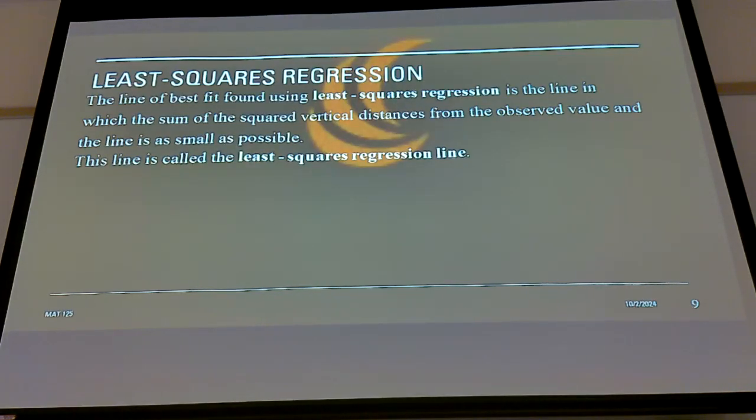Or I may just refer to it as the least squares line. Here it is. Y hat is B0 plus B1x. I hate that order. It should be B1x plus B0, but again, mathematical semantics.